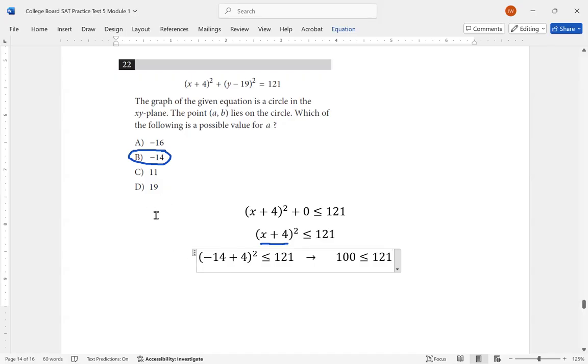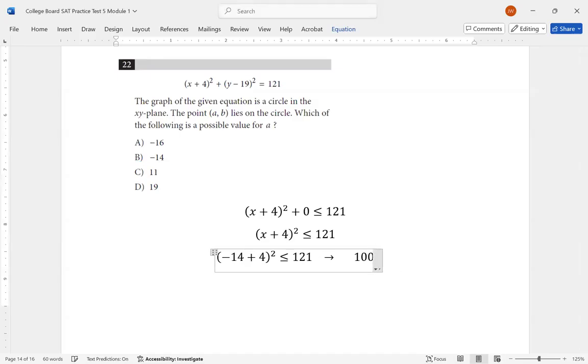So the only possible value for x here, the only possible point which you could have, has an x value of negative 14, the only option of these four that work. So this is the completely algebraic way that you could solve this. You could also solve this through another method, and that's more using intuition.